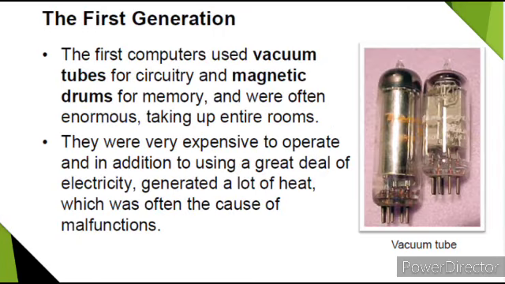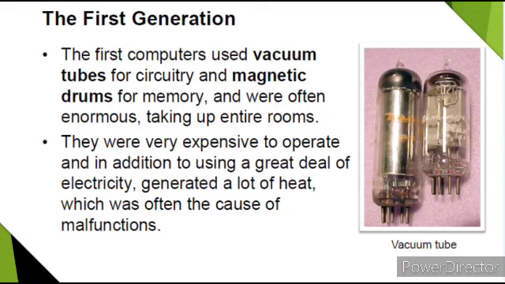Dear children, now it's time to explain in brief the various generations of computers. In this series, I am taking the first generation. The first generation computers used vacuum tubes as the main component for circuitry and magnetic drums for storage or memory, and were often enormous, taking up entire rooms.